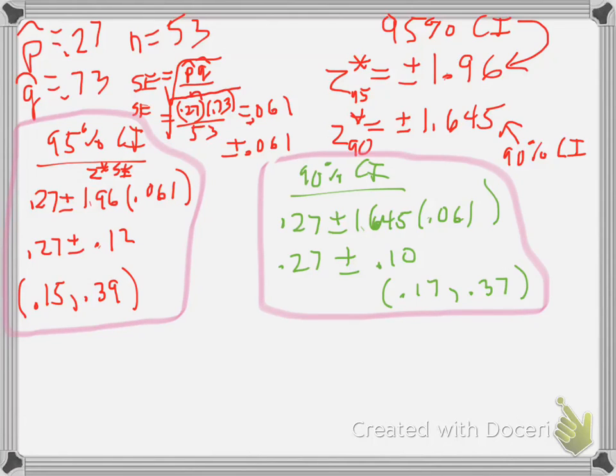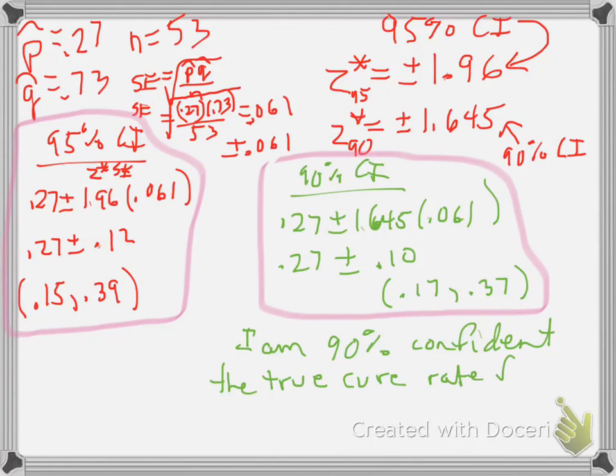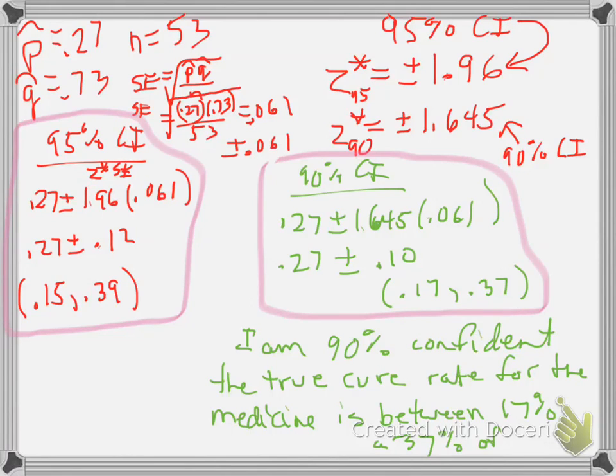Okay, so what this says, I'll do it in green, is: I am 90% confident the true cure rate for the medicine is between 17% and, sorry, I just totally wrote the wrong number down there, 37% of patients.